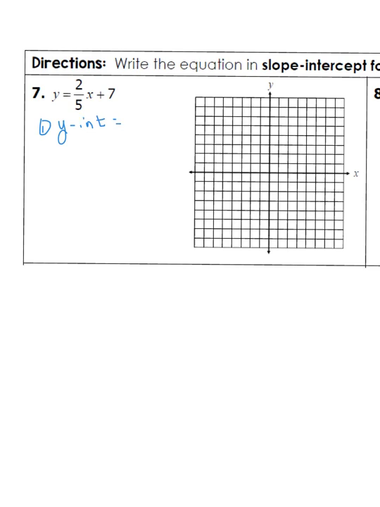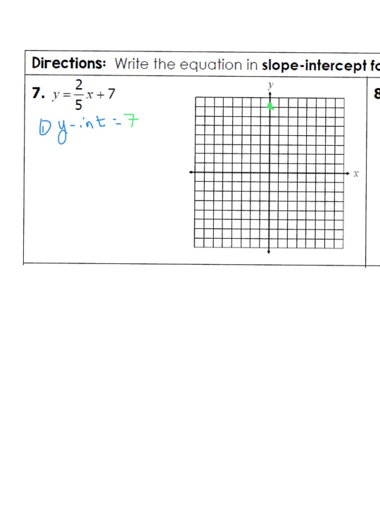In this case, the y-intercept is equal to 7. So we're going to start on the graph at 7. You always start plotting a point somewhere along the y-axis. So you always start at your y-intercept. So I'm going to put a point right here at 7 on that y-axis.